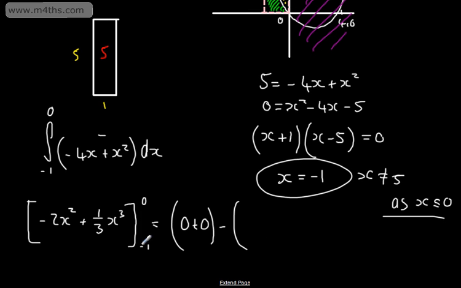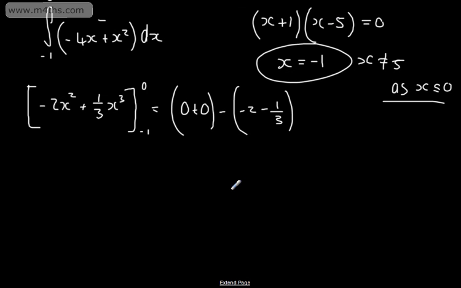Well, if I put in now negative 1, that's going to be negative 2. And then if I substitute in here negative 1, that's going to give me now negative 1/3. So what's that give me? That's going to give me now a total, negative 2 subtract 1/3 is going to be negative 7/3. So that's going to be 7/3.